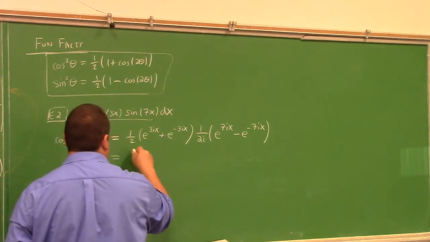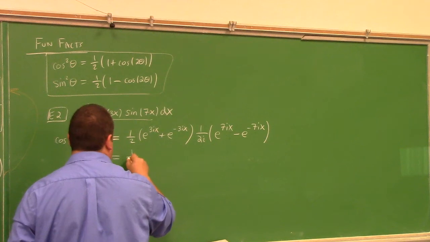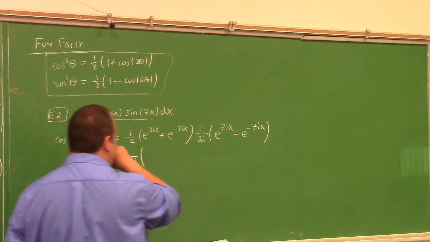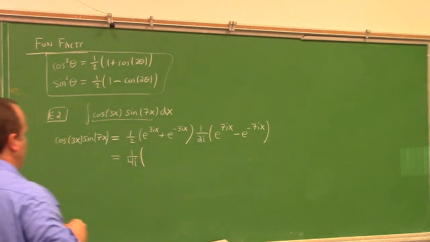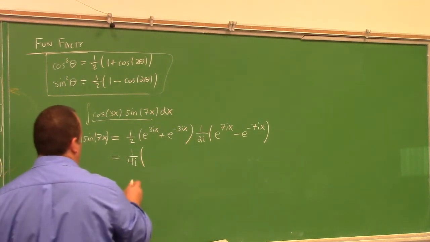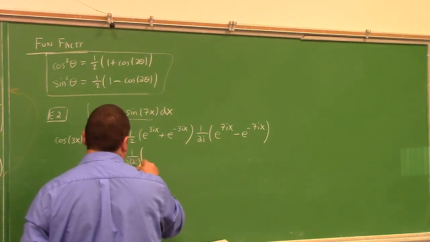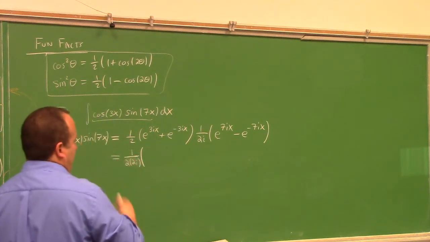I put the 1/4i out front just to keep it out there for safekeeping. Or I could write it as a half times 1/2i, however you want to keep track of it. It doesn't matter.